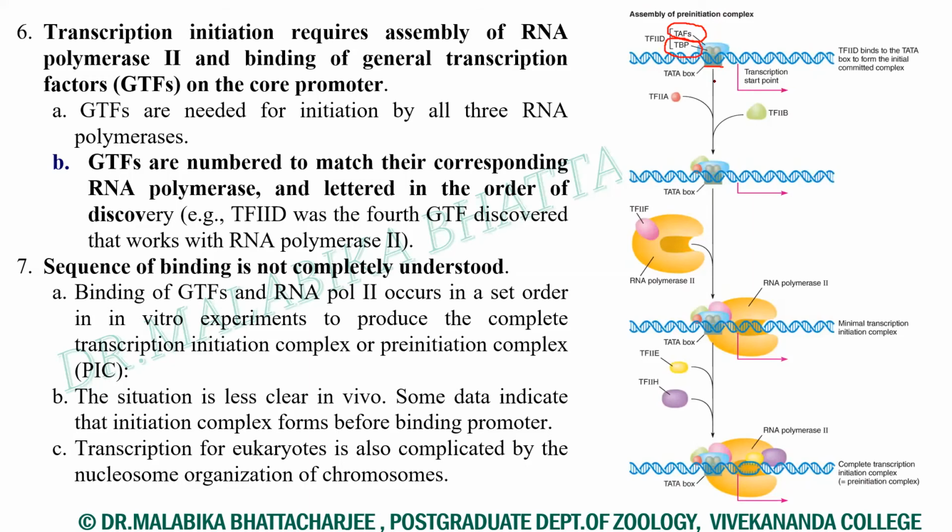So what happens? The TATA binding protein component of TF2D binds with the TATA sequence, or the Goldberg-Hogness sequence on the DNA. It also has another part known as the TATA binding protein associated factors, which serves as a platform. On this platform, you can see two other transcription factors known as 2A and 2B are binding.